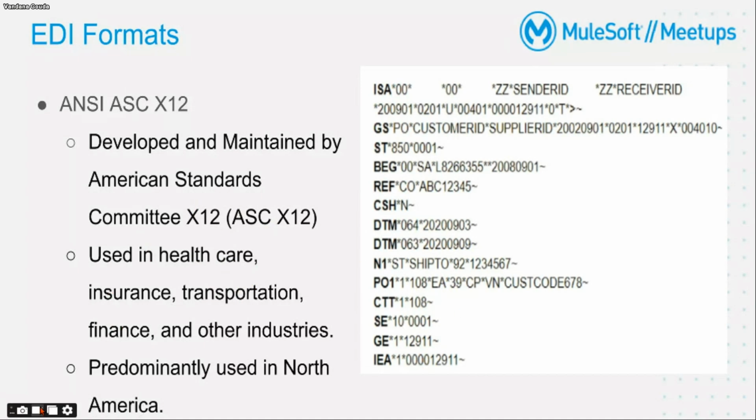Predominantly this is used in North America only. Apart from North America, they have a different EDI format to use. The EDI X12 format looks like this, starting from the ISA segment and ending with the IEA segment. After that, it starts with GS, and these are some segments. We'll see the segment structure in the next slide.